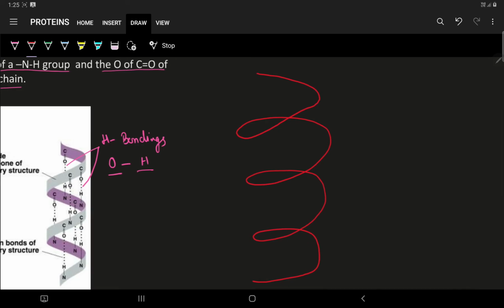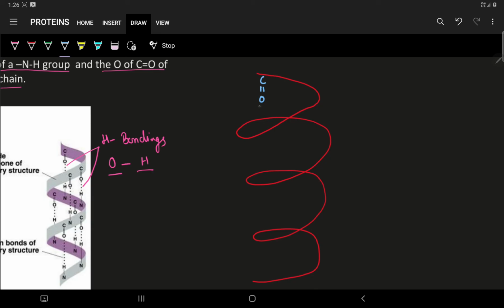Now, in this spring-like structure, you can represent the C and the N terminals. See here, we can represent one carboxylic group here.